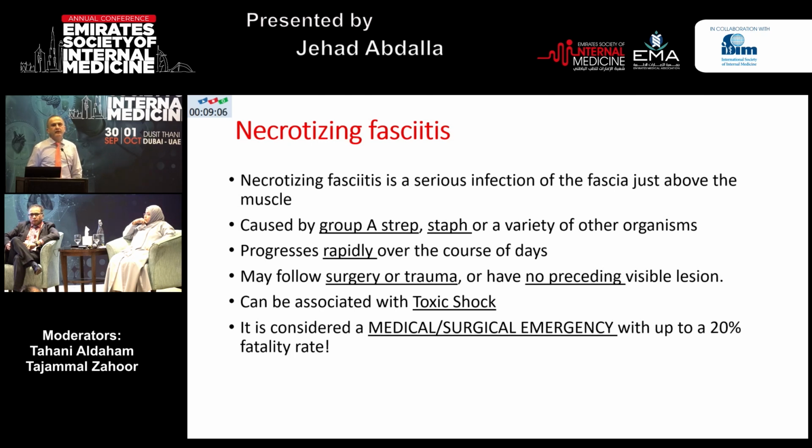You might do MRI if you have the luxury of time to do that. MRI is the radiology modality of choice to diagnose necrotizing fasciitis. But frankly, it is a clinical diagnosis. It's better to take your patient to the OR and open up rather than losing the whole limb.